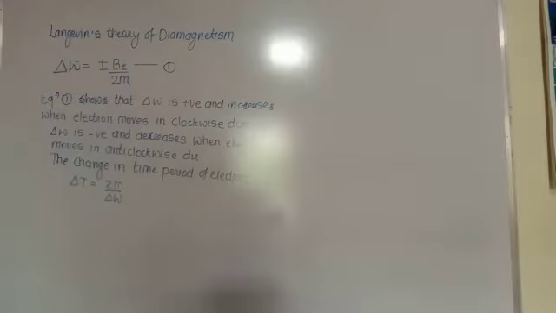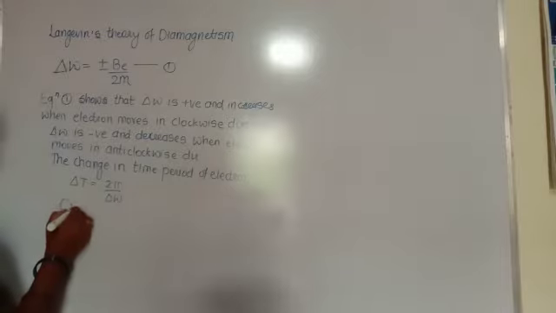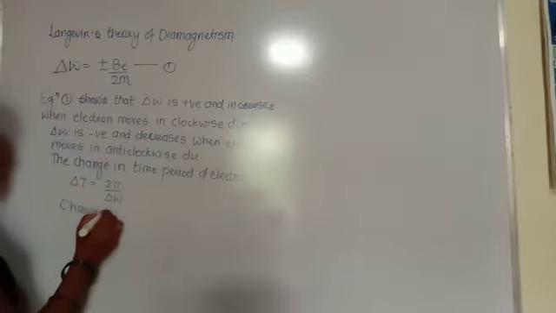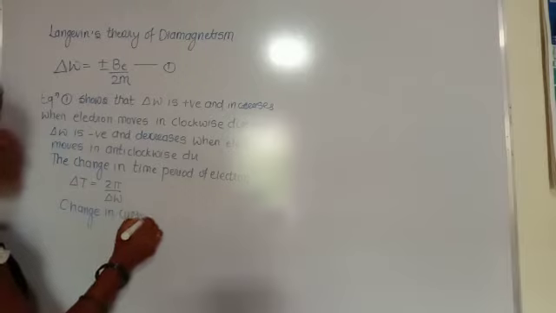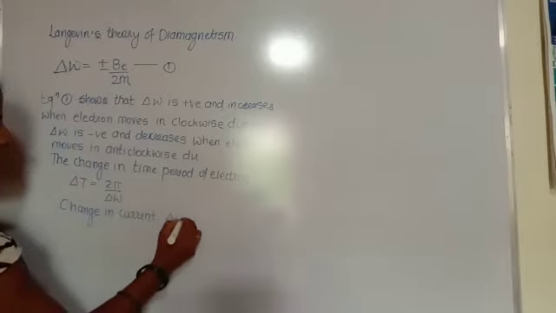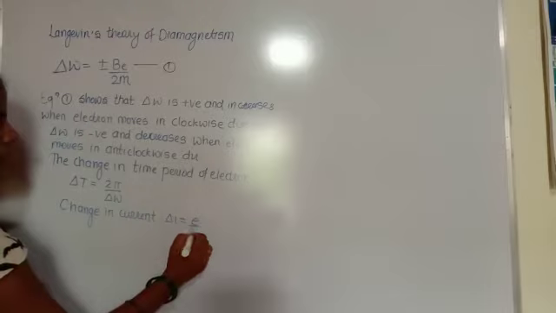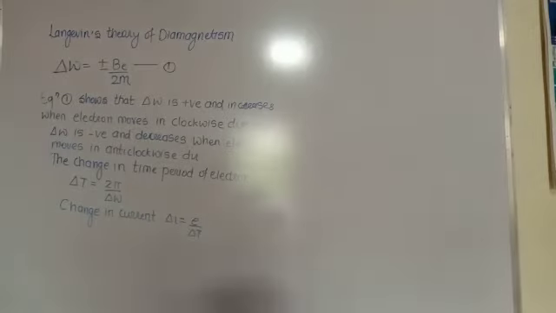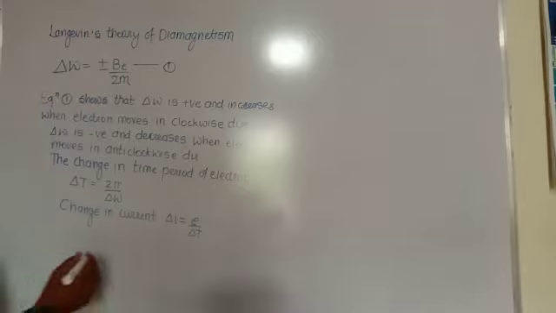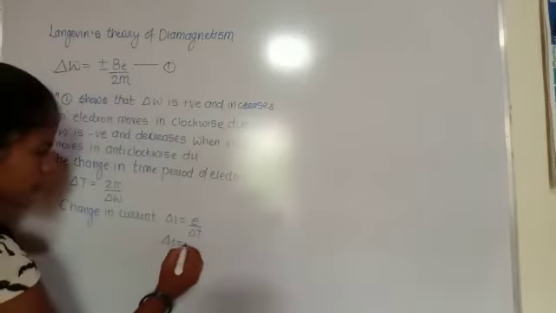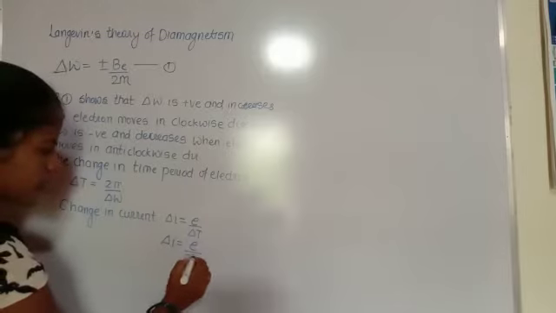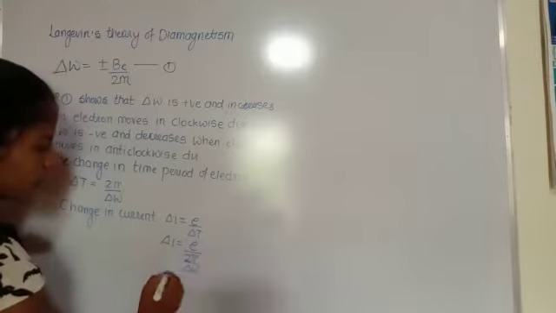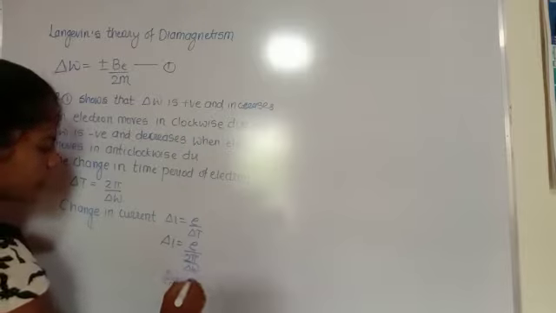As the time period changes, the change in current, denoted by delta I, is equal to e by delta T. Putting the value of T, we get delta I equals e divided by 2 pi by delta omega, so delta I equals e delta omega by 2 pi.